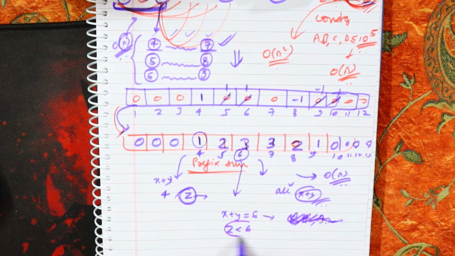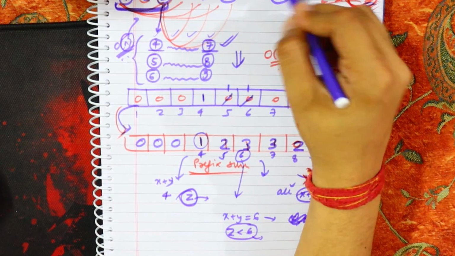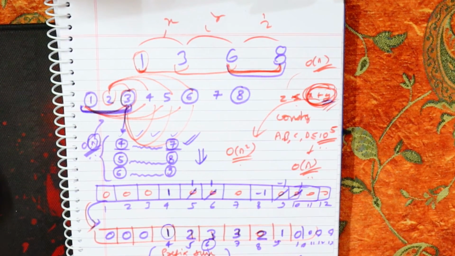So if I need a z which is less than 6, then I need any values which are less than 6 in this range, which I showed you here. So if I can just find out how many values are there which are less than 6, what will happen?